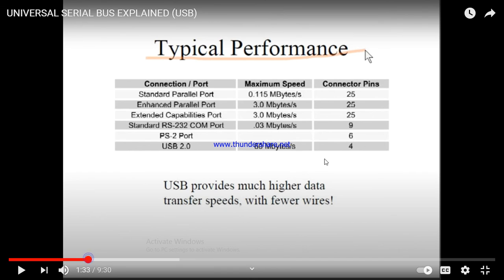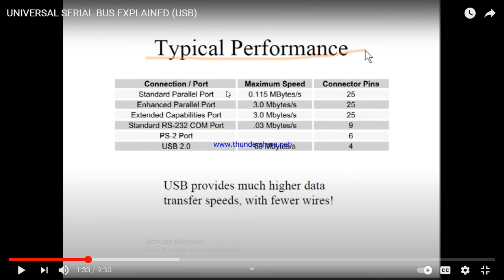Okay. Now typical performance. This screen is telling about typical performance. The standard parallel port at the time had 25 pins and a speed of 0.1 Mbps, right? Then enhanced ports came. They had a maximum speed of 3.0 Mbps and 25 connected pins.